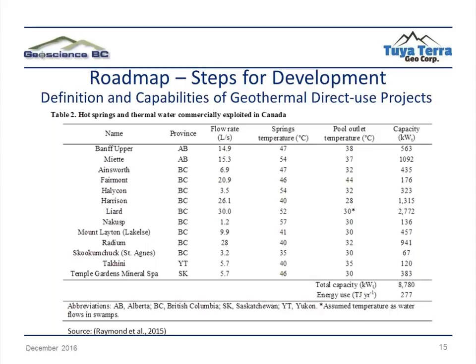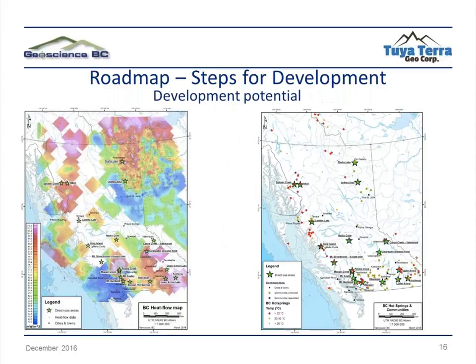And so, you see differences in temperature anywhere from, let's say, 10 or 20 degrees there, and you've got flow rates between 1 to 30 liters per second. And using the example in the previous slides, you can see how that equates to the kilowatt thermal energy capacity of that resource.